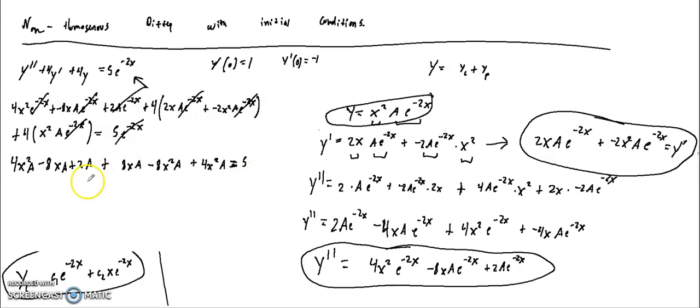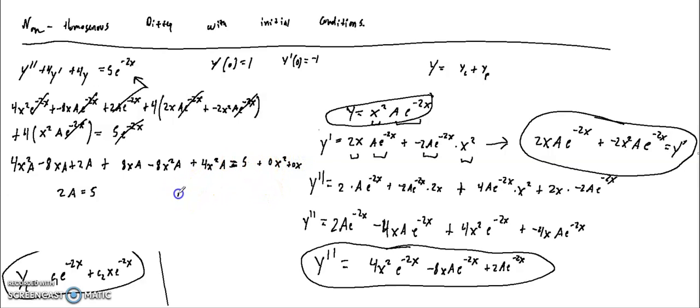Oh boy. So, well, there's no x squareds here. Actually turns out it's just 2a equals 5. Because this is just 0 x squared plus 0x plus 5.